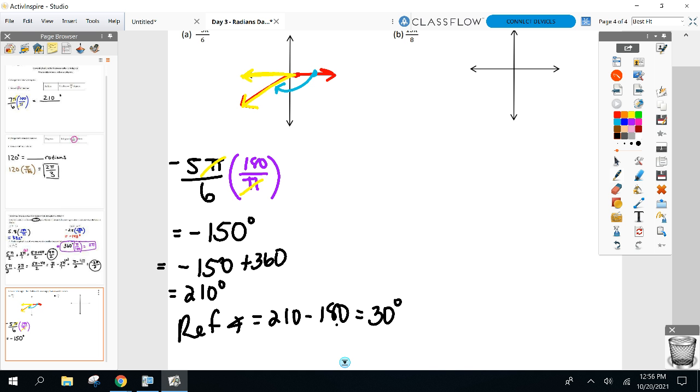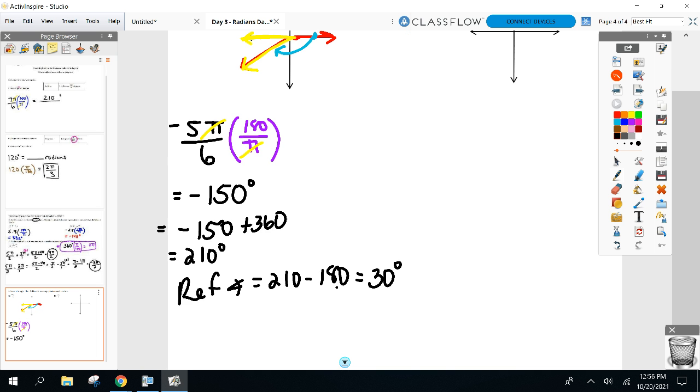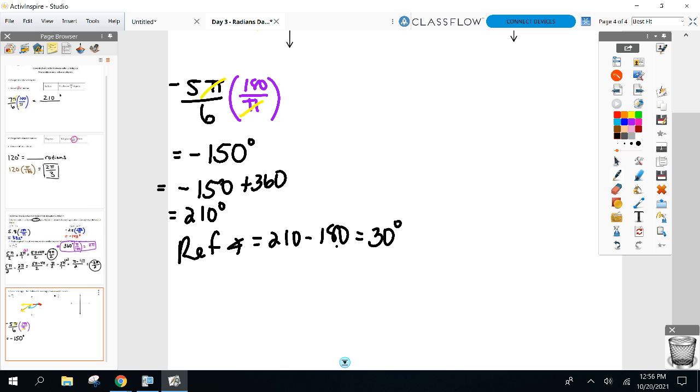Everyone please read the directions though. Reference angle has to be in radians. So convert it. You guys know how to do all this stuff. It's just at the end, everything's got to be in radians now. So 30 times, look on your sheet, degree to radian. What am I multiplying this by?